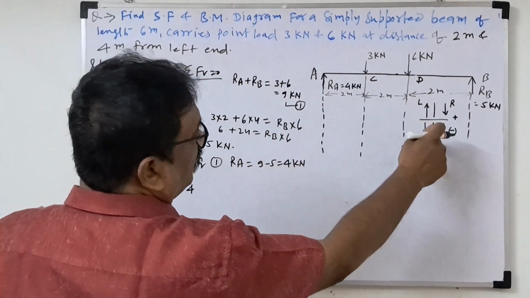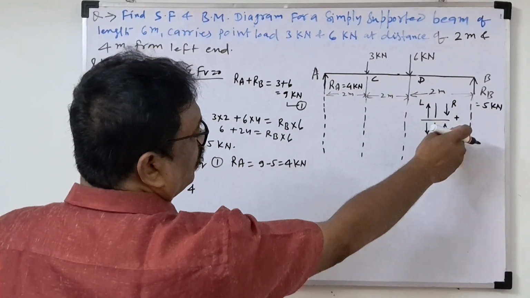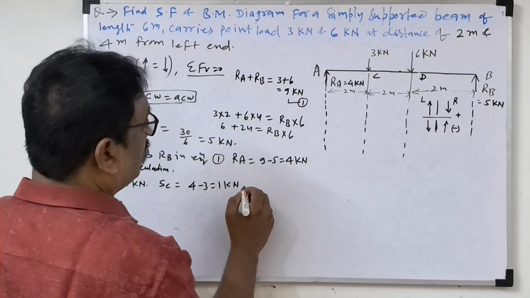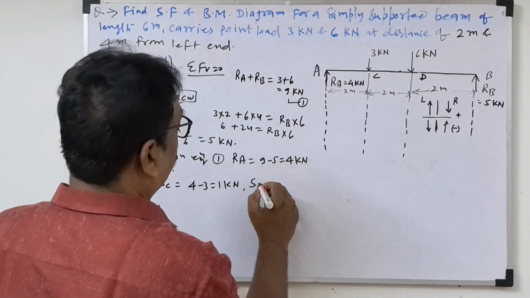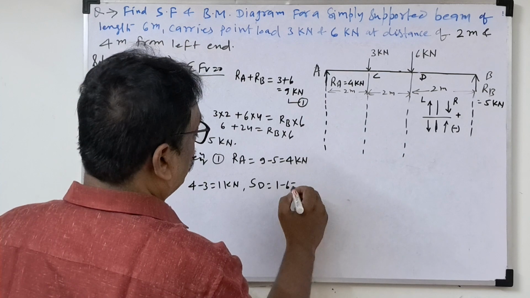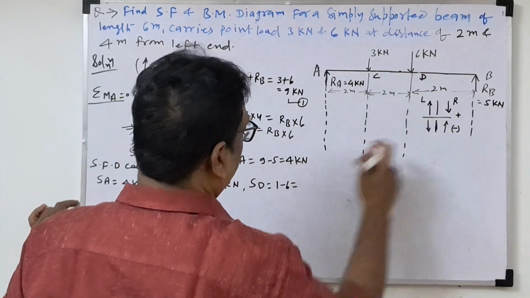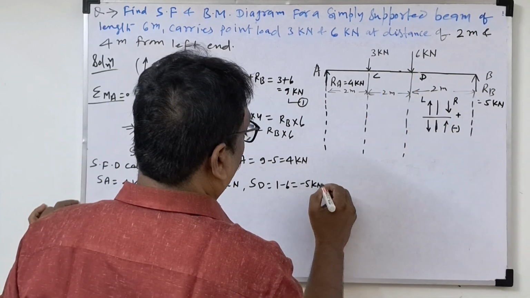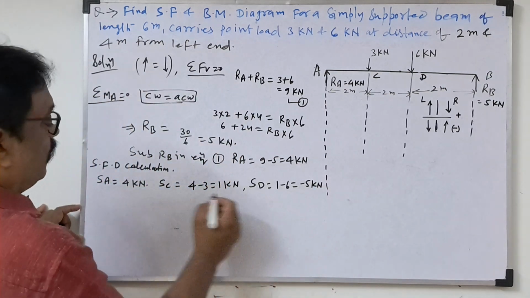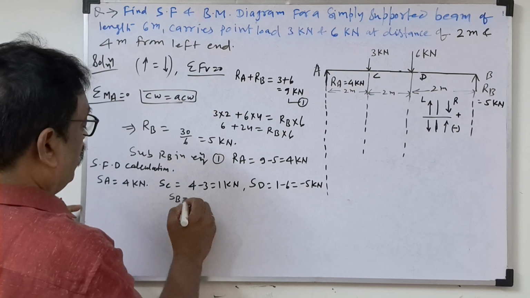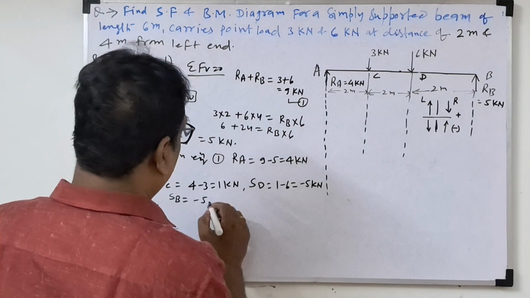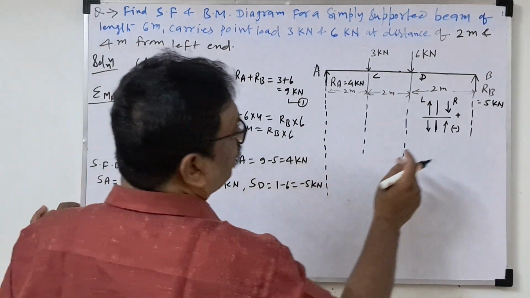Then downward force coming on the left side is negative, so minus 3 is equal to 1 kilonewton. Now SD: 1 kilonewton, then minus 6 kilonewton, because 6 is downward and downward is negative. So minus 5 kilonewton at SD. Then SB will be up to this minus 5 kilonewton, and upward going how much?